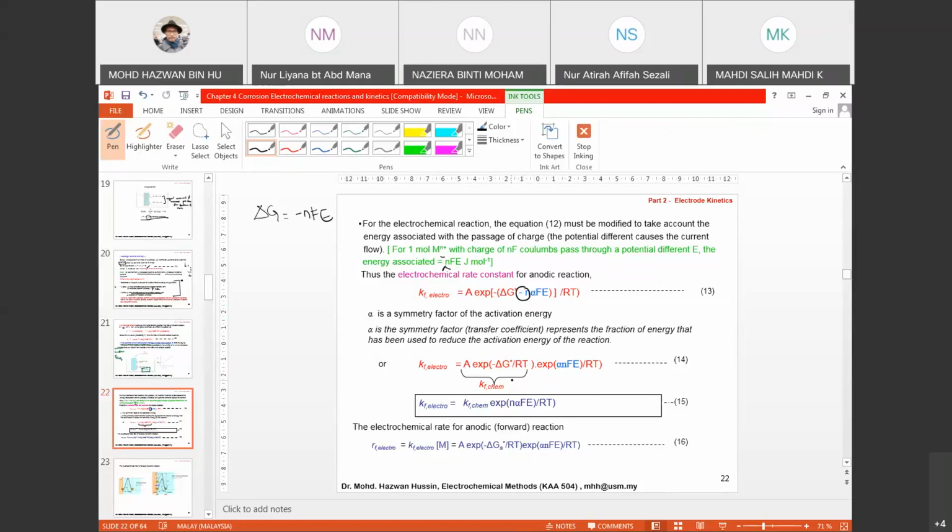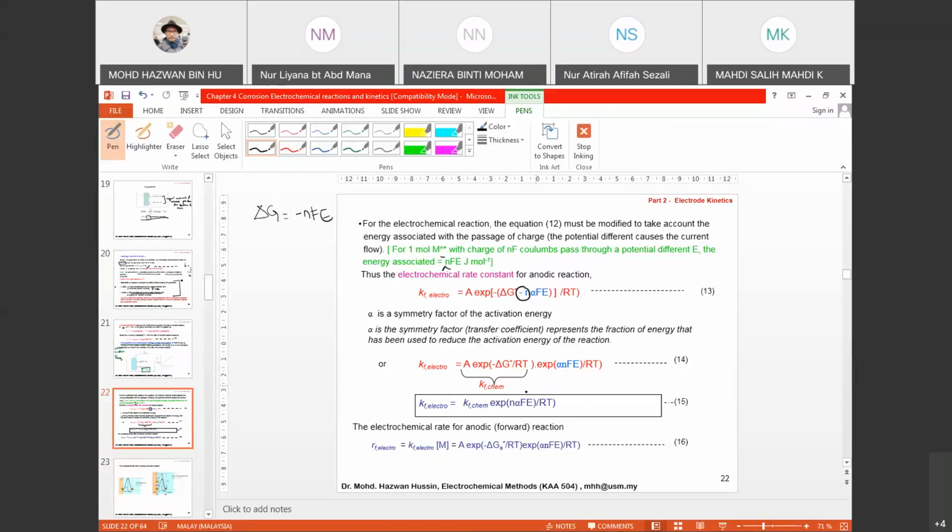So when you multiply this one with this one and expand it, you will get another term like this. The forward rate, Kf, is equal to A exponent minus delta G asterisk over RT, multiplied by exponent alpha nFE over RT.